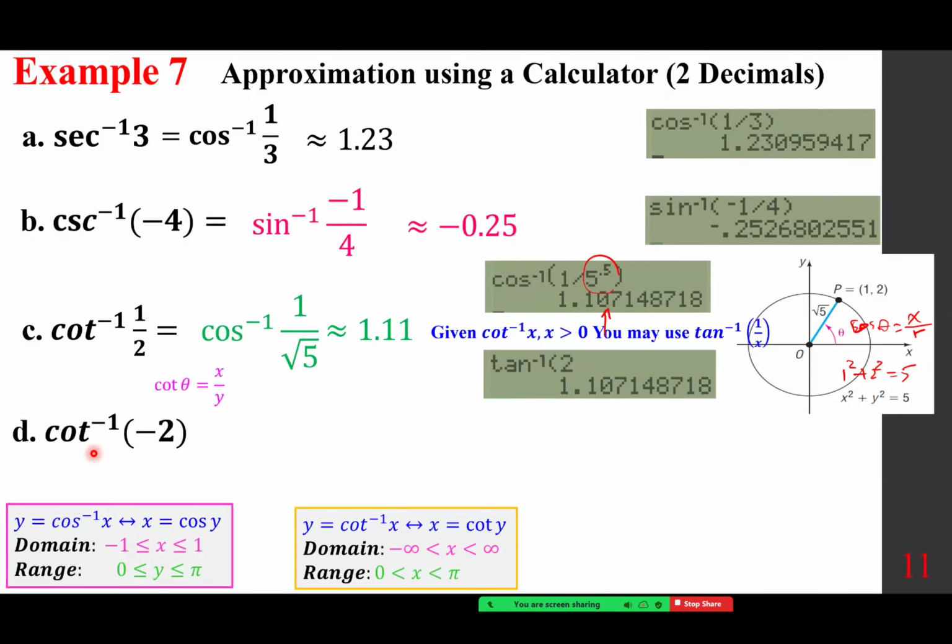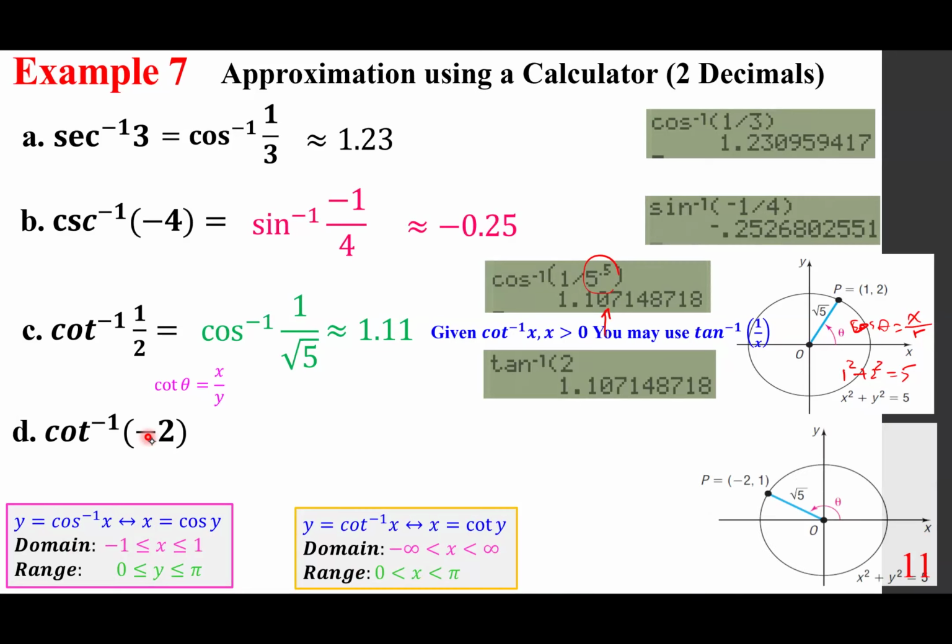Cotangent and cosine, 0 to pi. So if this is negative 2, this is negative 2 over 1. X is negative, y is positive, r happens to be the same; square and add them up and it becomes 5. So again, x squared plus y squared equals r squared, everybody.